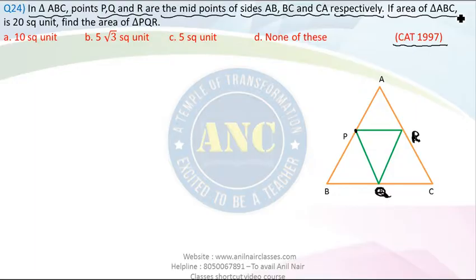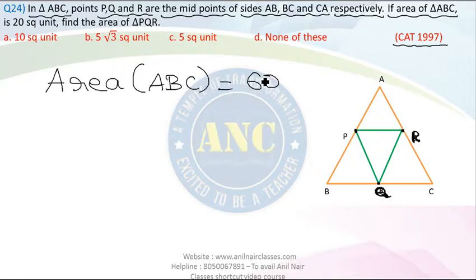One of the reasons this question happens to be so easy is that P, Q and R are the midpoints of AB, BC and CA respectively. Because PQR are the midpoints, it is given in the question that the area of triangle ABC is 60 square units.